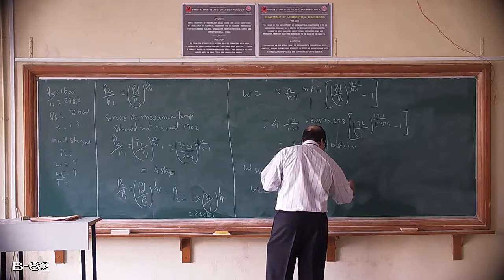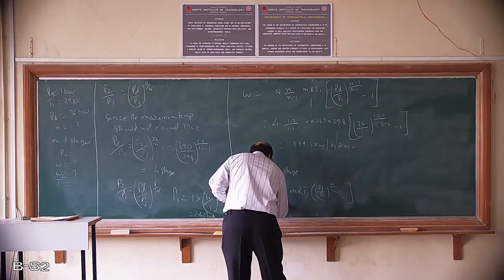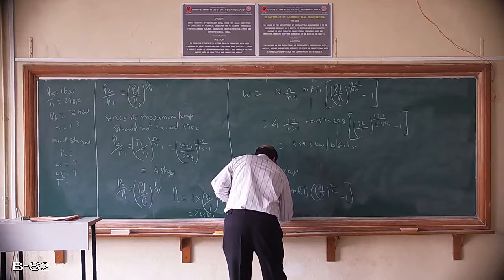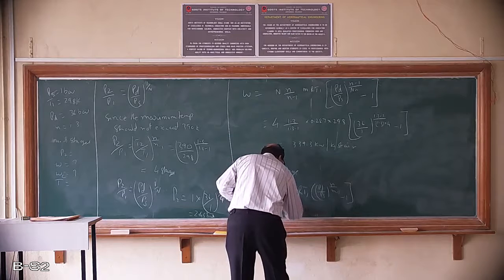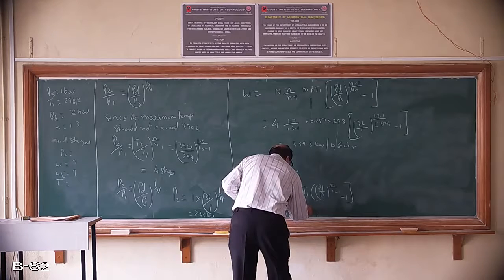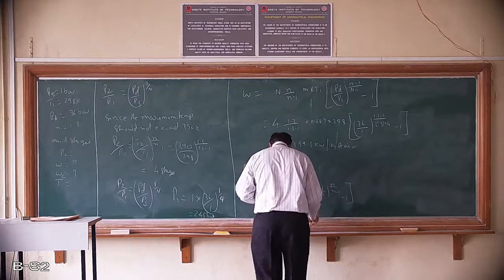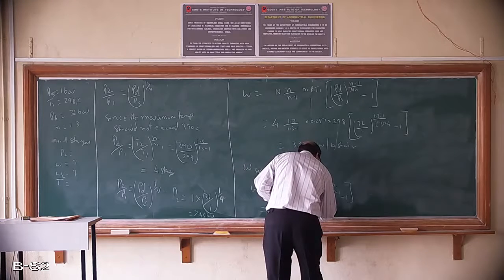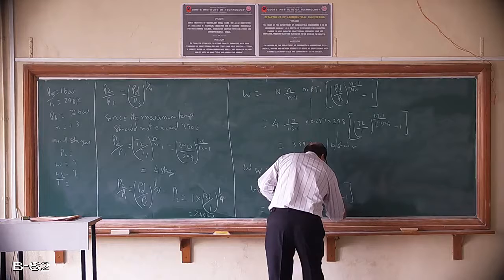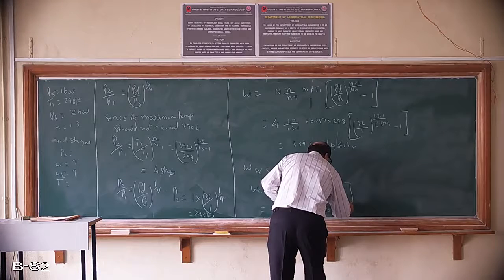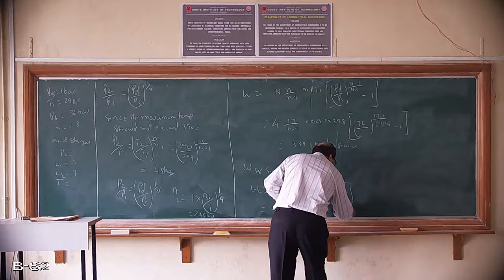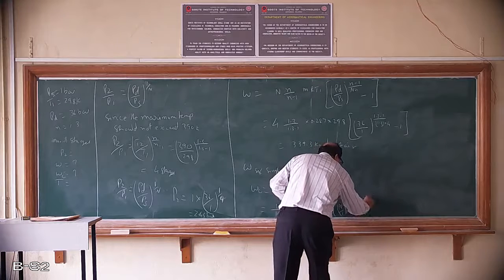Substitute 1.3 by 1.3 minus 1 into 1 into 0.287, sorry, into T1 is 298, 36 by 1 to the power of 1.3 minus 1 by 1.3, minus 1.